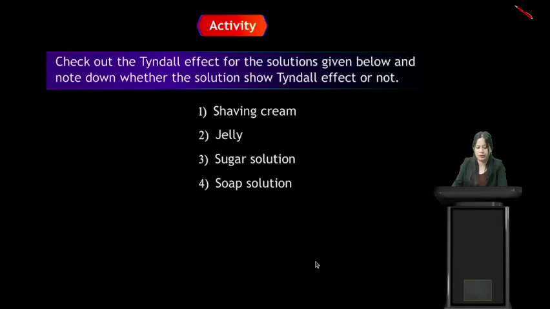Then we have soap solution. Another solution is copper sulfate solution. So taking these solutions, check which will show the Tyndall effect and which will not show the Tyndall effect.